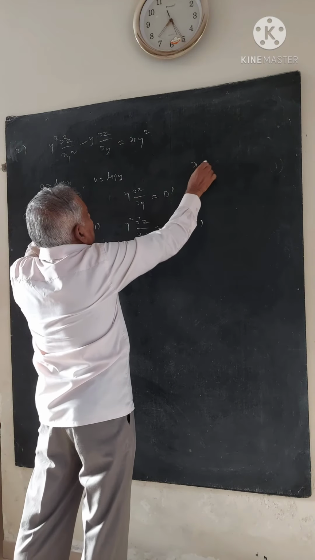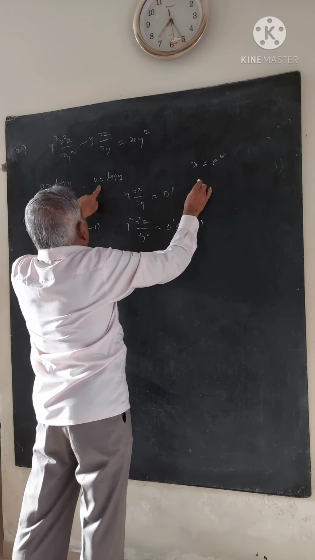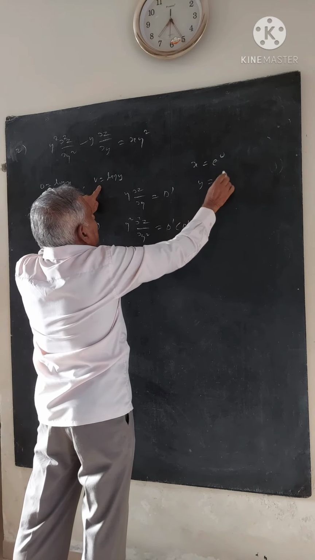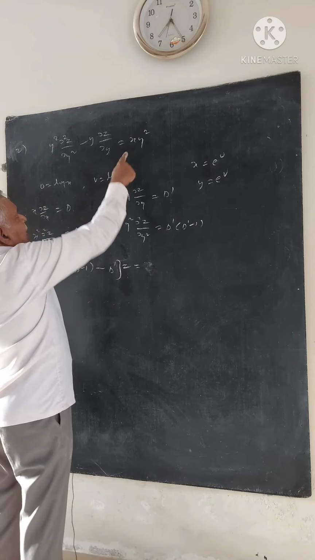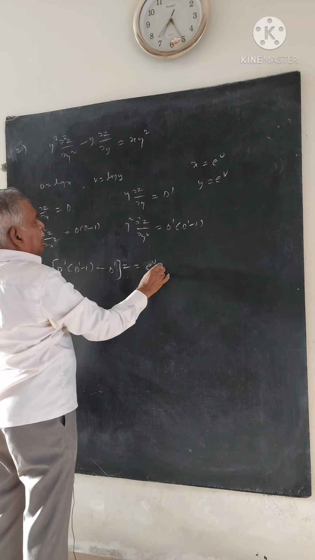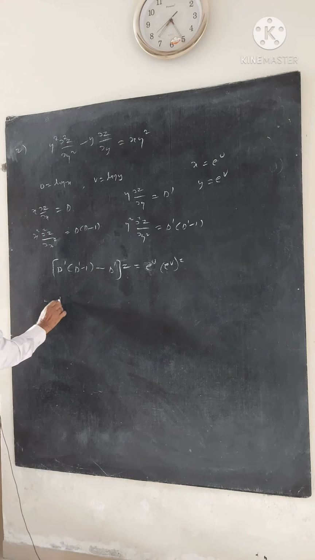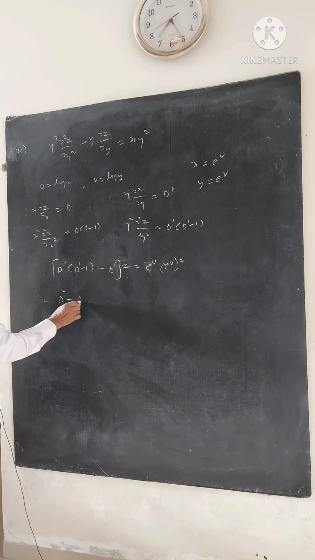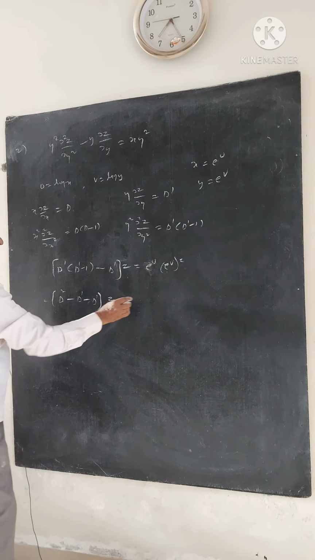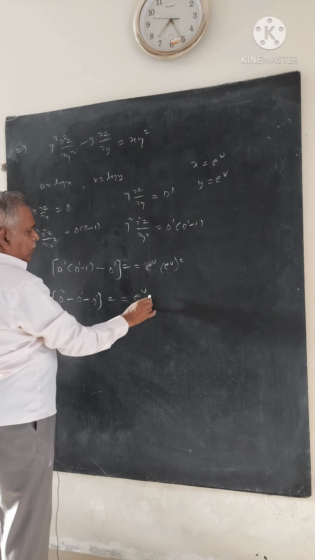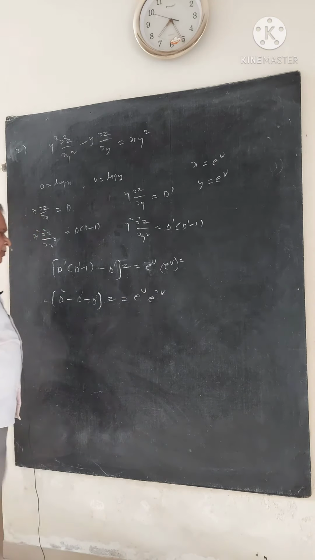Here x equal to e power u, y equal to e power v. Right side, x equal to e power u, y equal to e power v whole square. D square minus d dash of z equal to e power u, e power 2v.